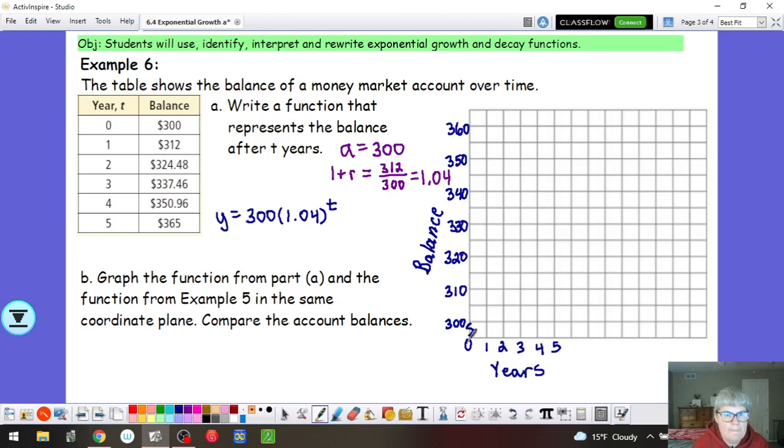So we start with 300, and then we have 312, then we have 324.48, so really close to 325, and then we have 337.46, and then we have 350.96, then we have 365.